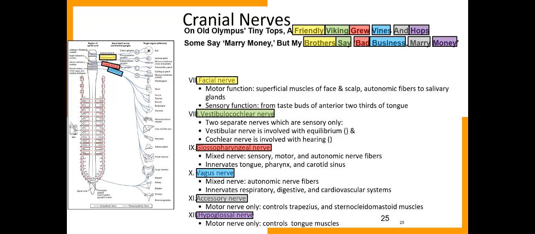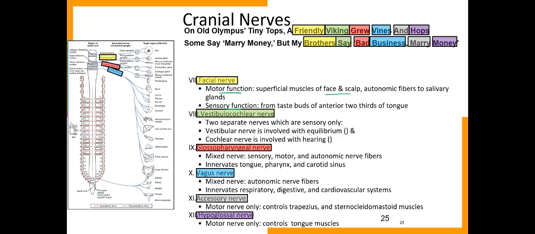Cranial nerves 7 to 12 are listed over here. So cranial nerve 7 is a mixed nerve, contains both motor and sensory function. Cranial nerve 7 is called the facial nerve. Again, from its name, controls muscles of the face and scalp.